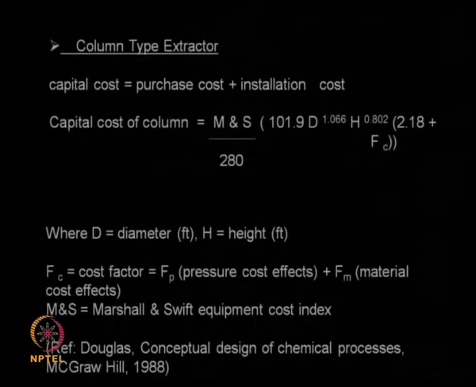Now, let us look at each one of these extractors and the various factors that contribute to the cost, and how the cost looks as a function of various parameters. In the very first or second classes, we talked about capital cost and the various factors involved in it. Capital cost is not only purchasing the equipment, but also installing it.